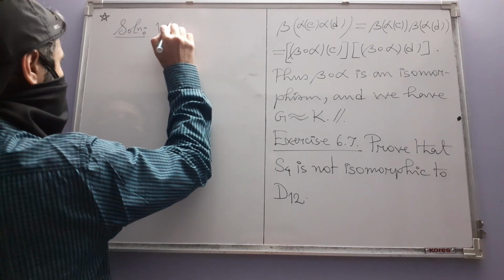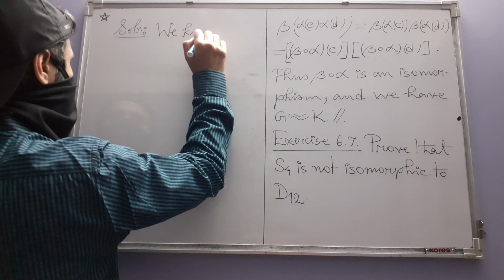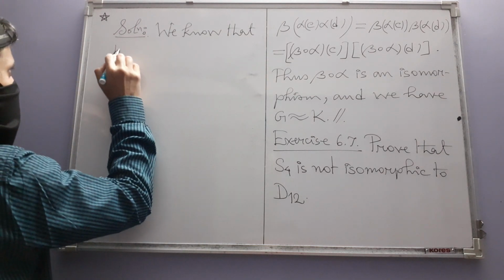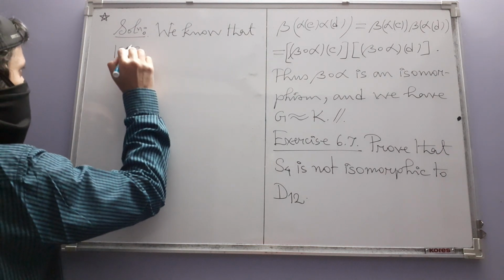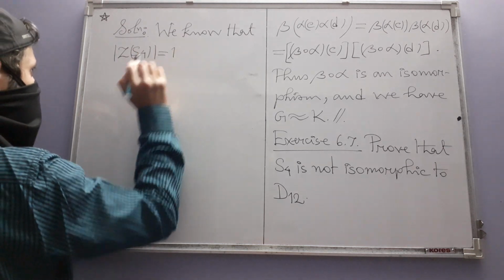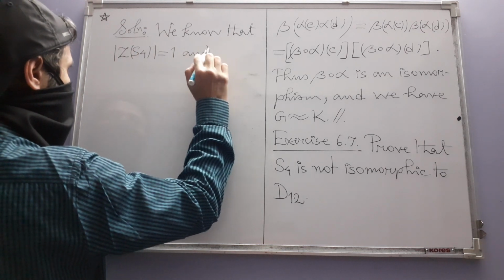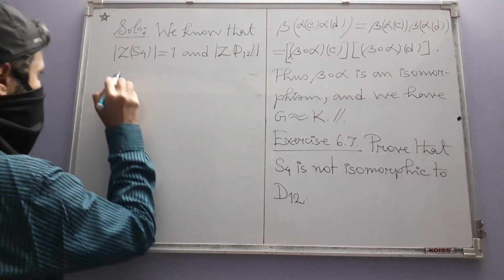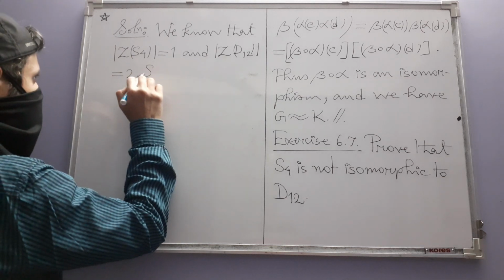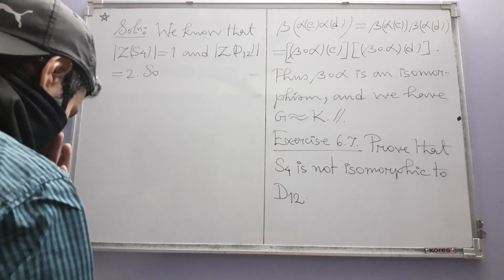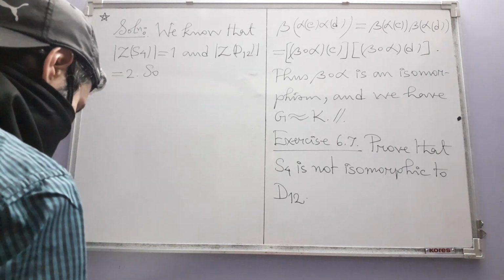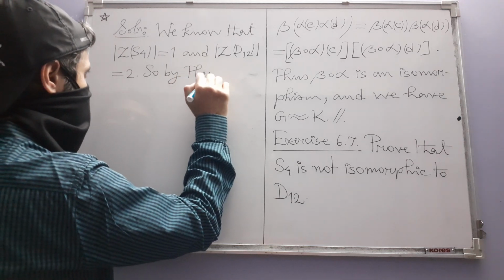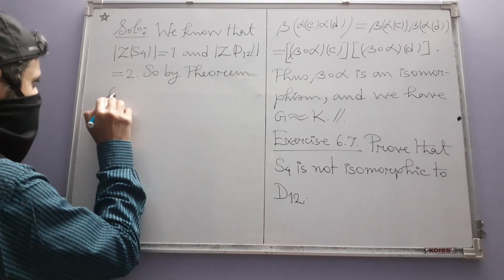We know that the order of the center of S4 is 1. And the order of the center of D12 is 2. So let me refer that result also by theorem 6.2.